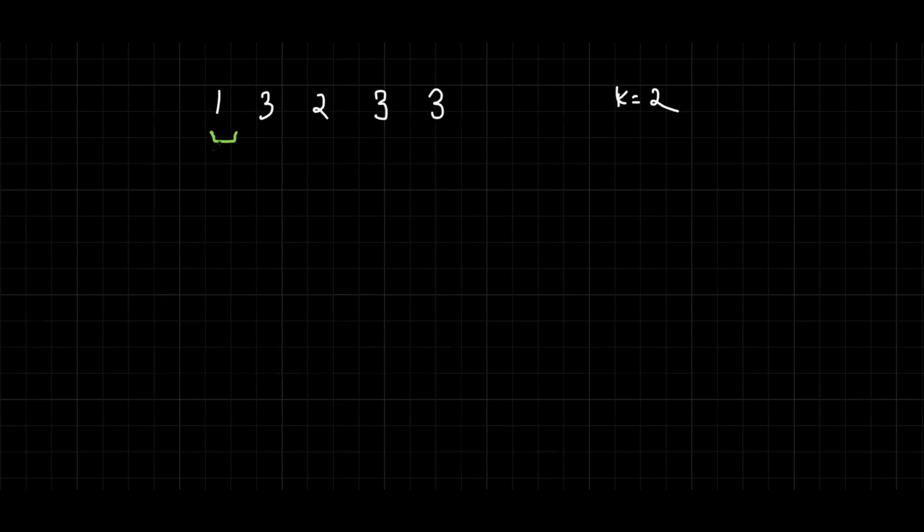Now let's expand the window. Here the frequency of 3 is 1, which is strictly less than k. So we can consider this subarray. And for this subarray, the frequency of 3 will also be 1. But we cannot consider this subarray because the frequency here for the 3 is 2.